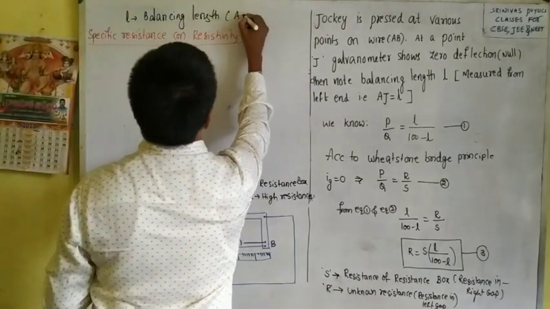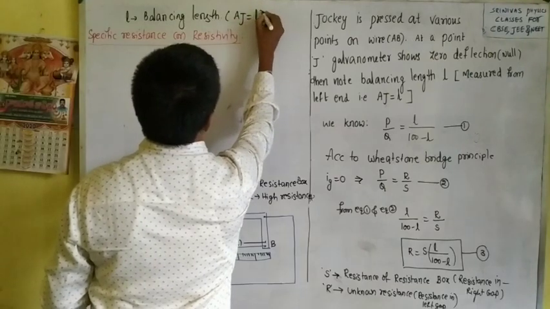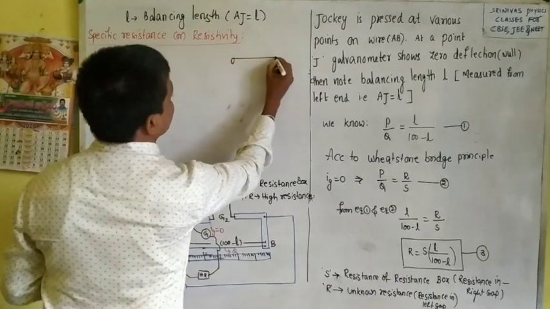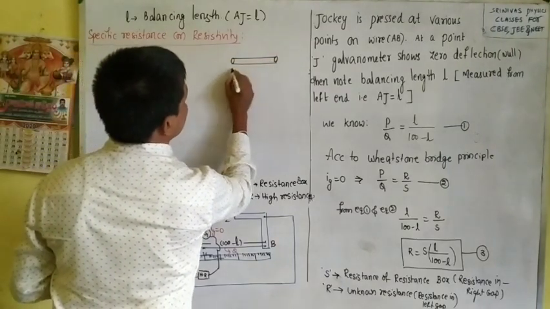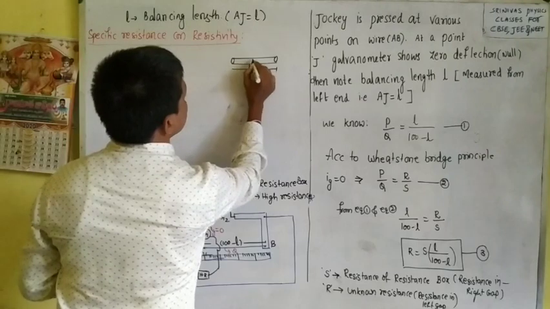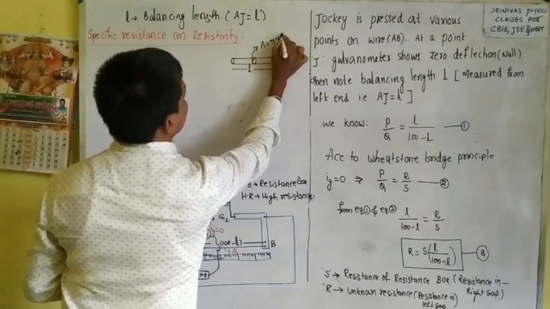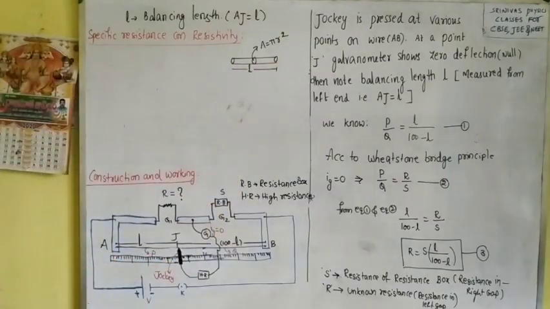AJ is the balancing length. For example, this is a wire whose length is L and whose area of cross section is A. Area of cross section we write as pi r square, where r is the radius of the wire.